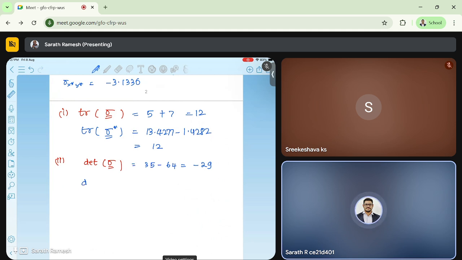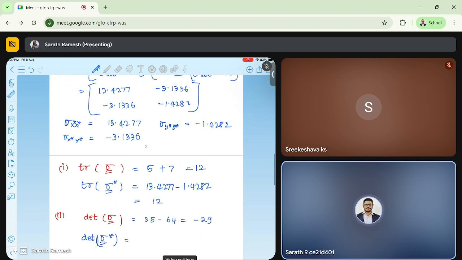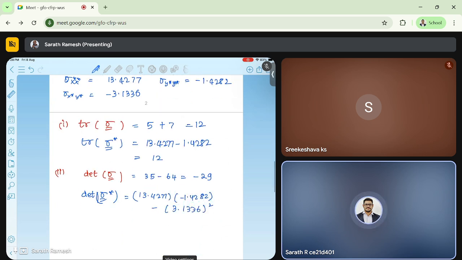What is determinant of sigma star? This needs some computation: 13.4277 times minus 1.4282 minus 3.1336 the whole square. So this will also be minus 29, right?